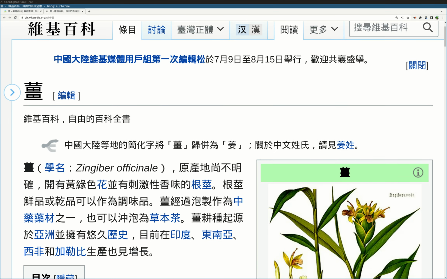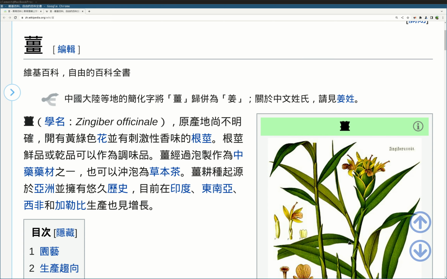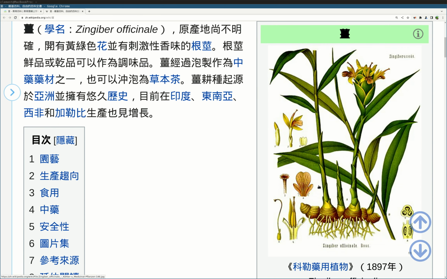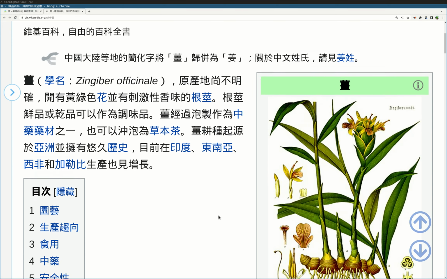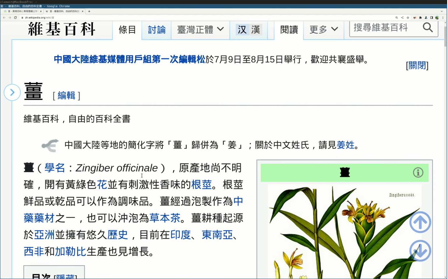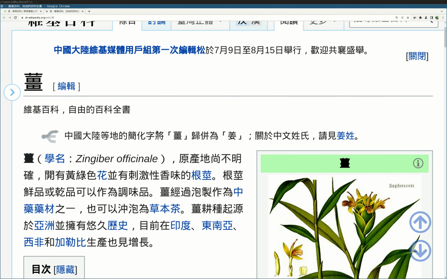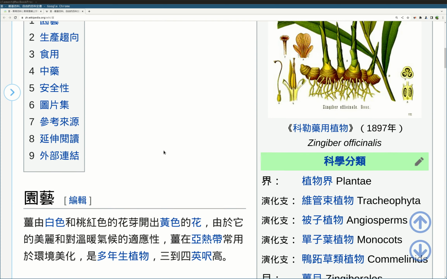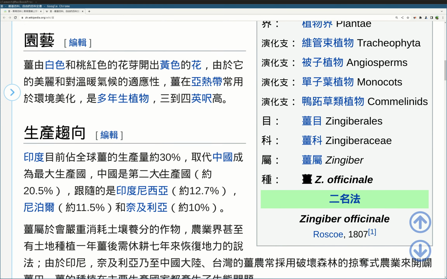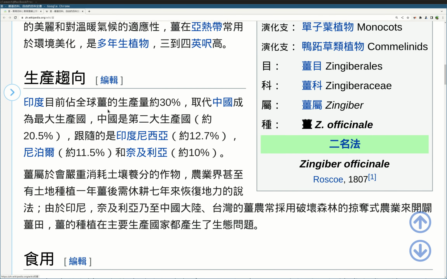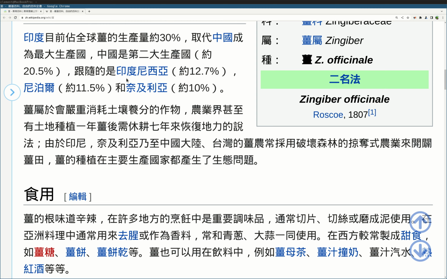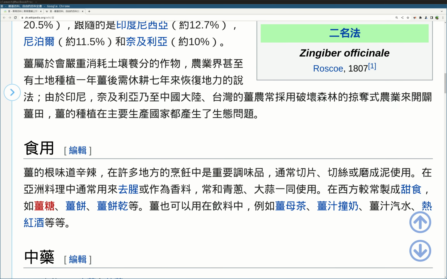So that is the picture of a ginger plant. An explanation of the ginger in the Chinese version of Wikipedia. And you know that India is the country that produces most of the ginger, about 30%. Then Indonesia, Nepal, and Nigeria.